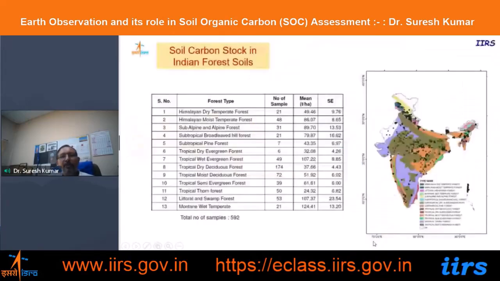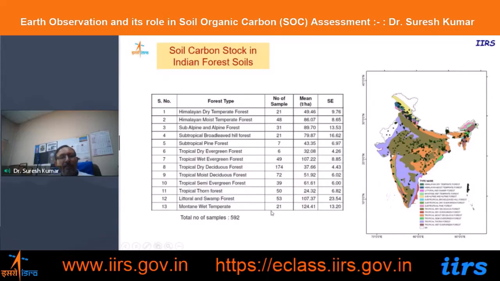And here you see we have taken the soil samples spread over different forest types, and forest type, landform, and topography, three maps were integrated, and then these sample locations were identified. We found that we have taken 592 soil samples in various forest types.